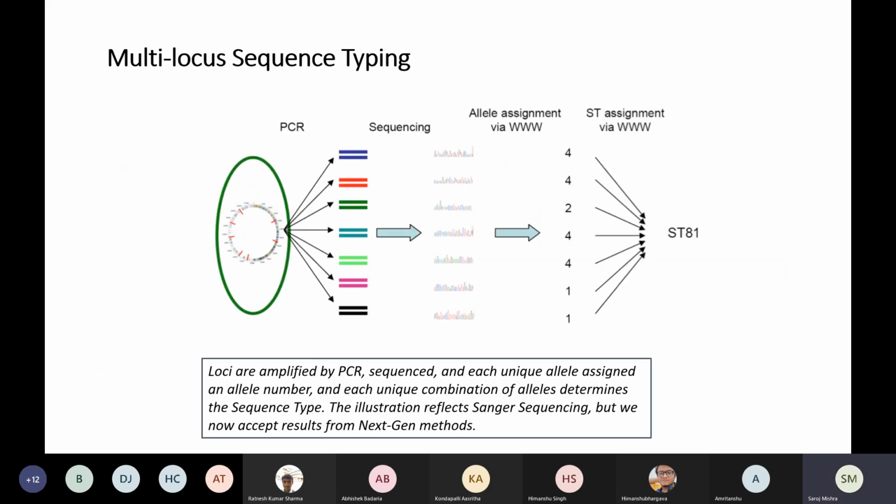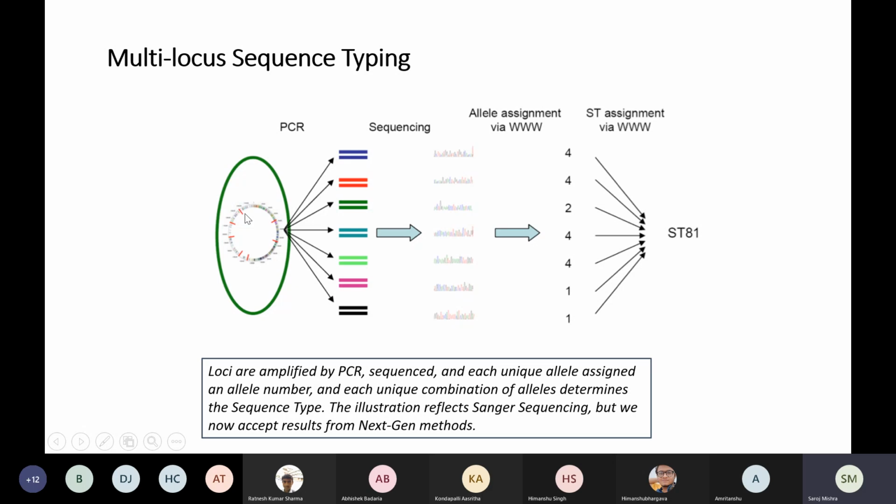Now, in addition to 16S ribosomal RNA sequencing, many people are also doing what is called multilocus sequence typing, where other genes are also taken up and sequenced. Imagine that this is a bacterium and there are loci marked in red. This is locus 1.